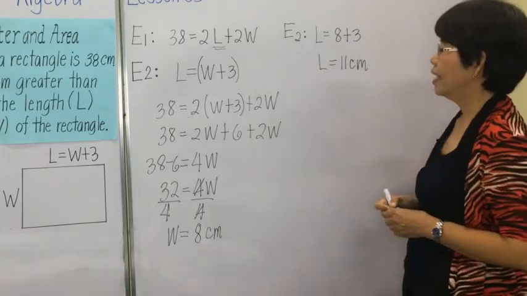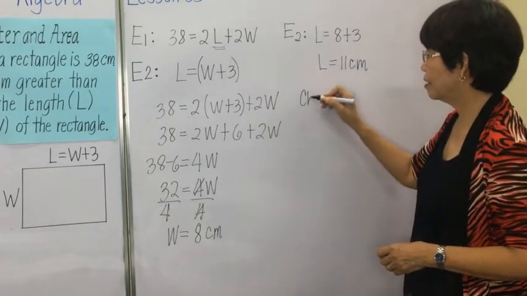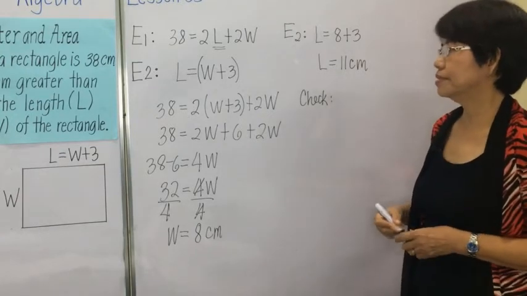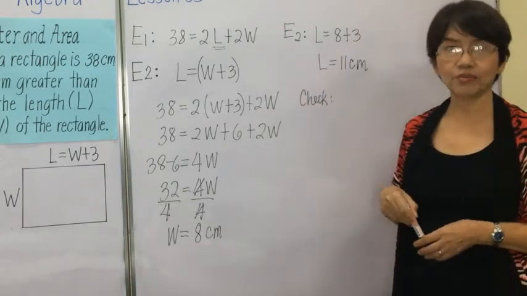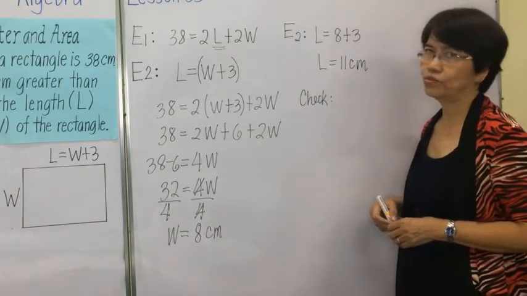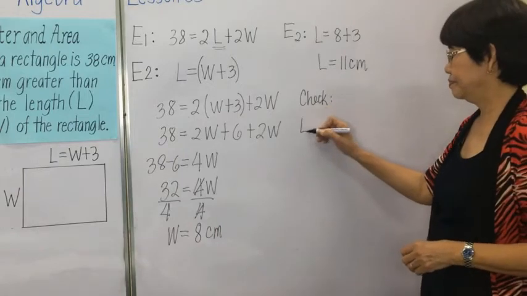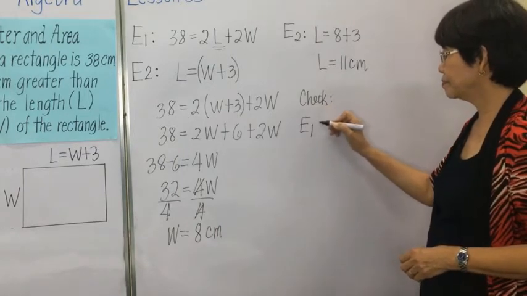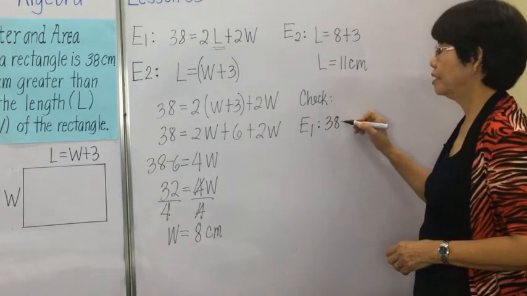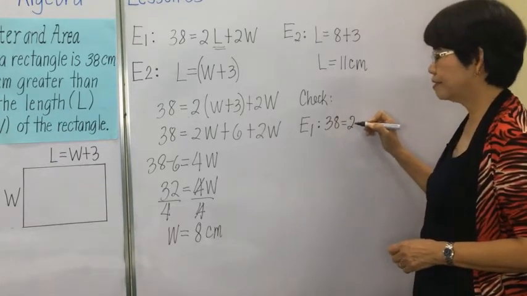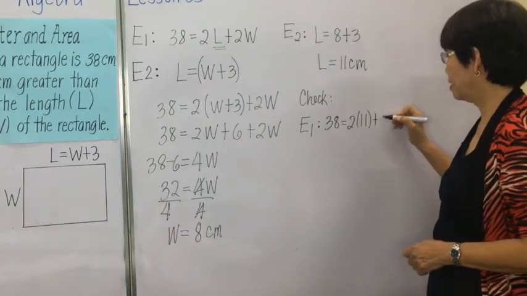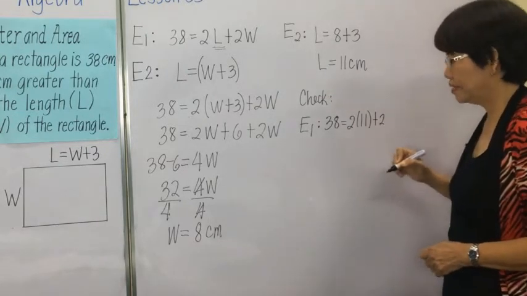And to check, we will use either of the two equations. So let's use equation 1. 38 equals twice the length, 11, plus twice the width, 8.